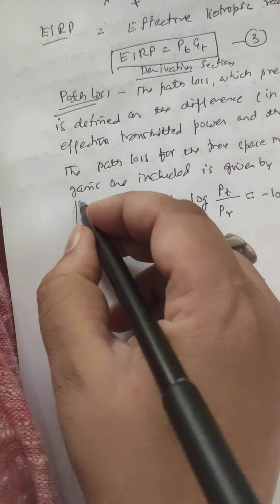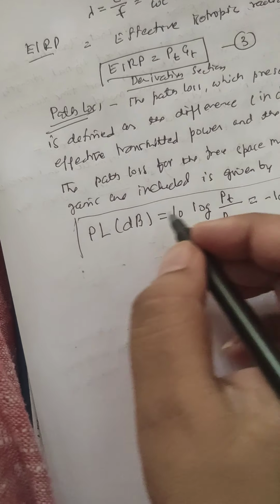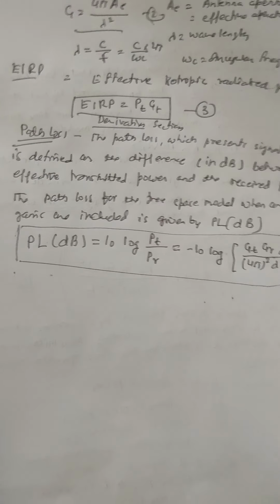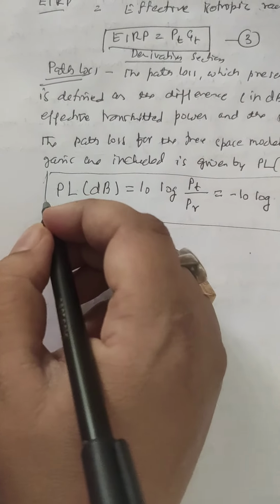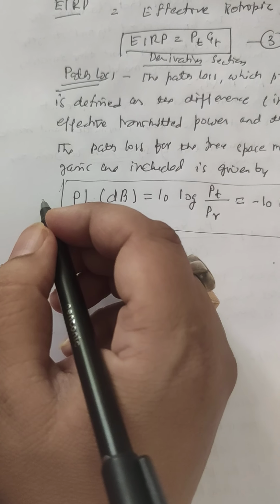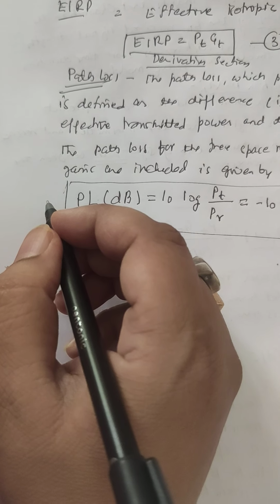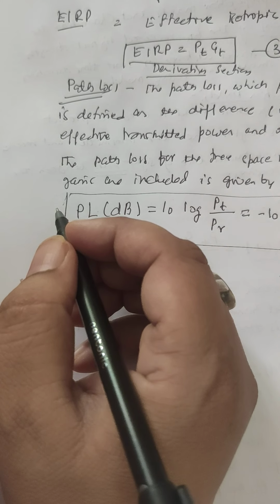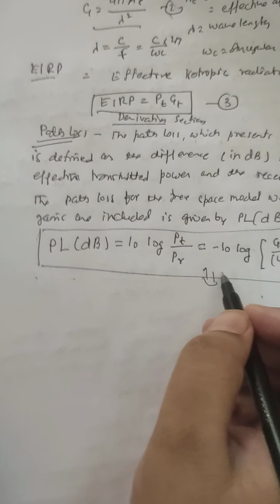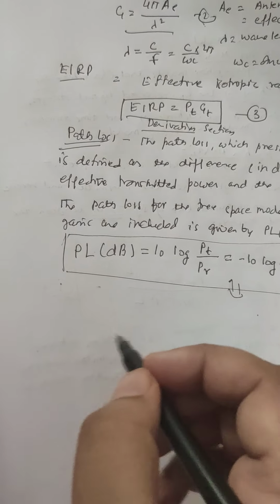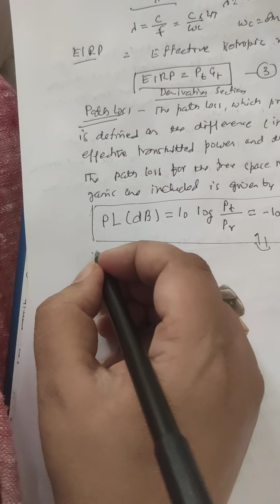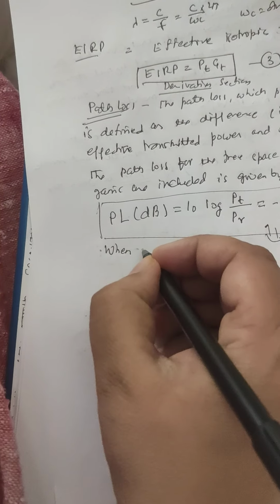And in this equation, when the antenna gains are excluded and the antennas are assumed to have unity gain, then this given equation is reduced, and we get another path loss.